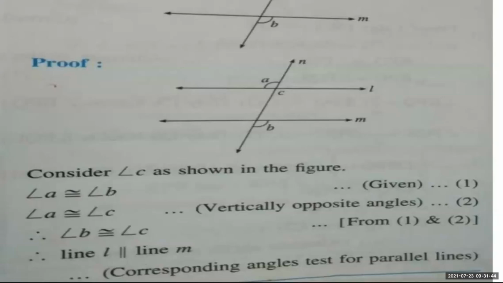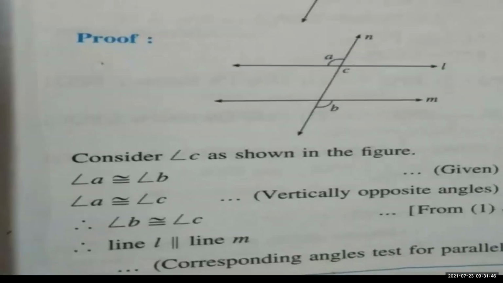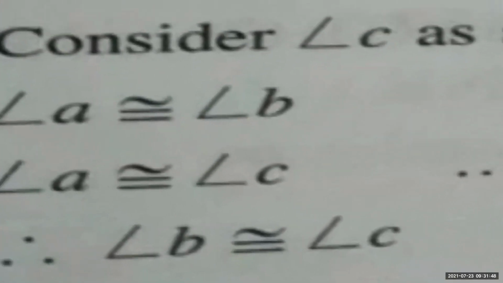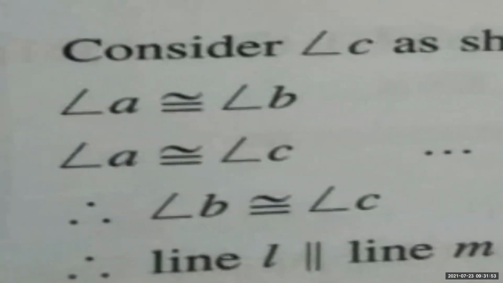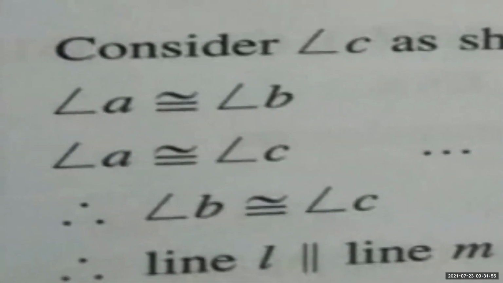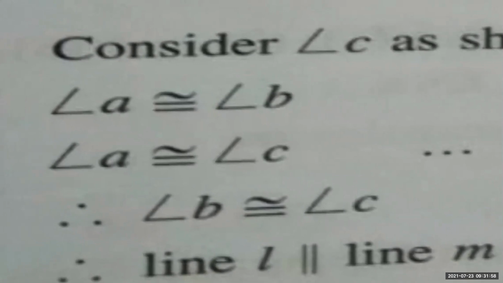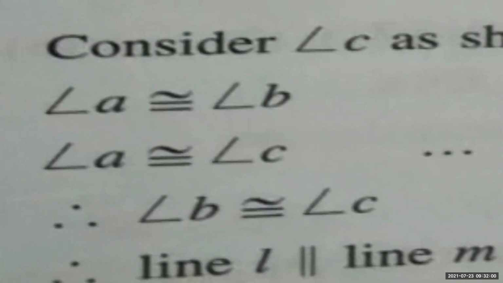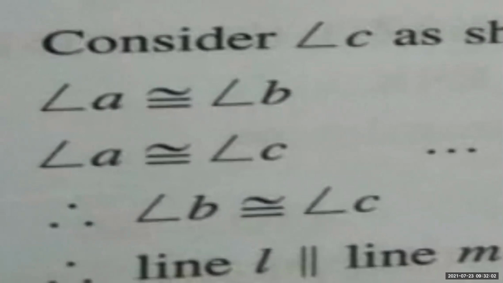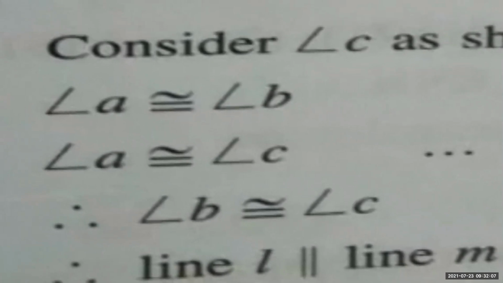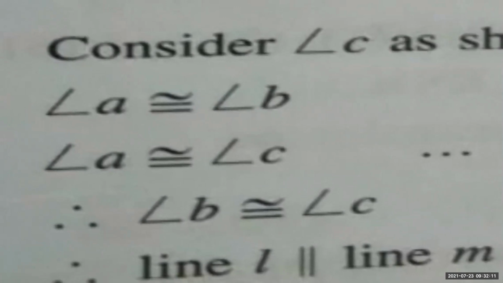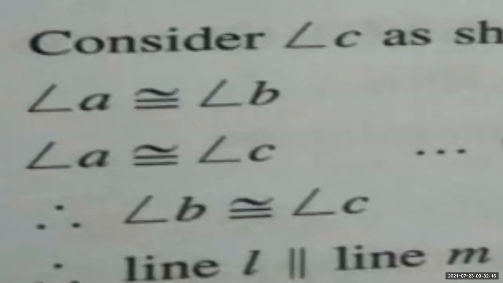Now see carefully equation 1 and 2. In equation 1, there is also angle A, and in equation 2, there is also angle A. So in both the equations, angle A is the same factor, and the LHS of both the equations is the same, then the RHS of both the equations will also be equal to each other.